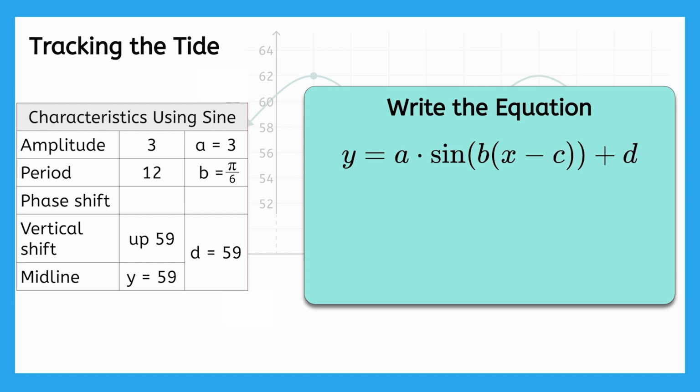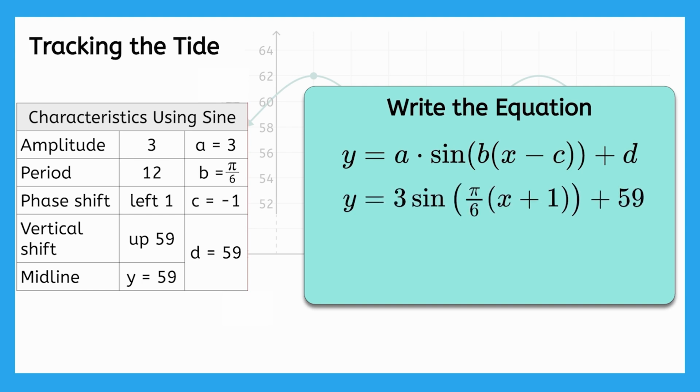I noticed that a point on the function's midline was 1 unit to the left of the y-axis, so I wrote the phase shift as a shift 1 unit to the left, which means that for a sine function, c would be -1. That gives us a sine function of y equals 3 times the sine of pi over 6 times (x plus 1) plus 59.